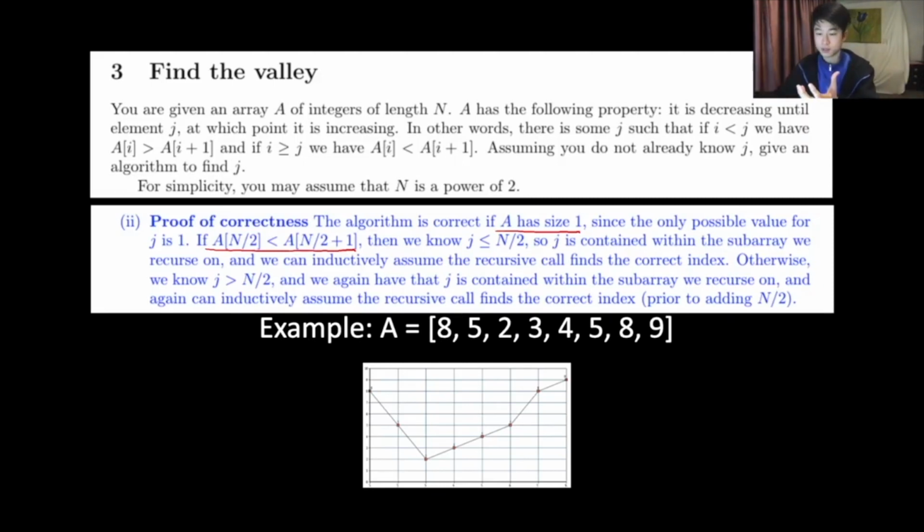Therefore, we're going to recursively call on the right side, and by induction, we're going to assume that the function does what we wrote it to do, and therefore it will find the value on the right half of this original array, and therefore this function will return the index of the value.